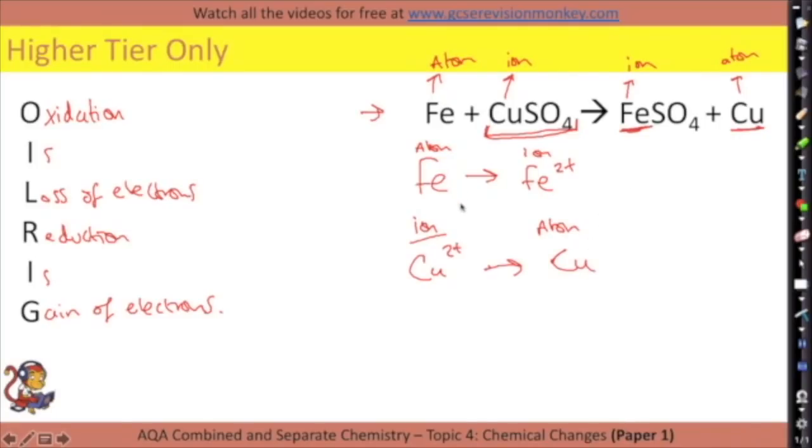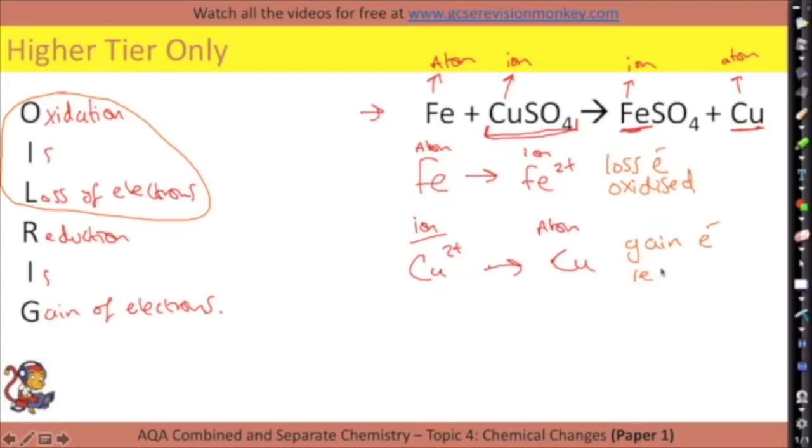So in this case the iron atom would have lost electrons, and therefore that would have been oxidized, because oxidation is the loss of electrons, and the copper would have gained electrons to turn back into a copper atom, and therefore the copper would have been reduced. So they might say to you which species, meaning which chemical in a chemistry sense, has been reduced, or which species has been oxidized in this equation.